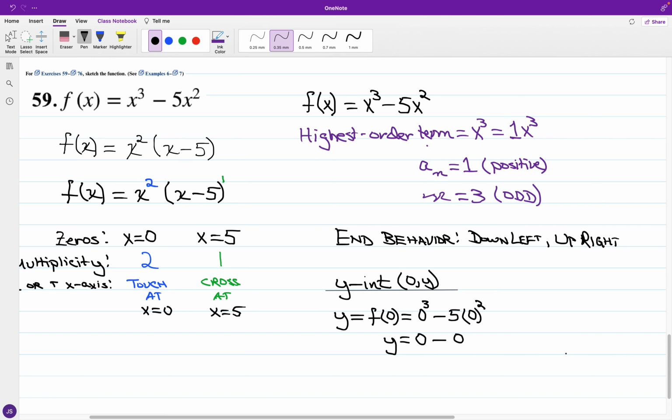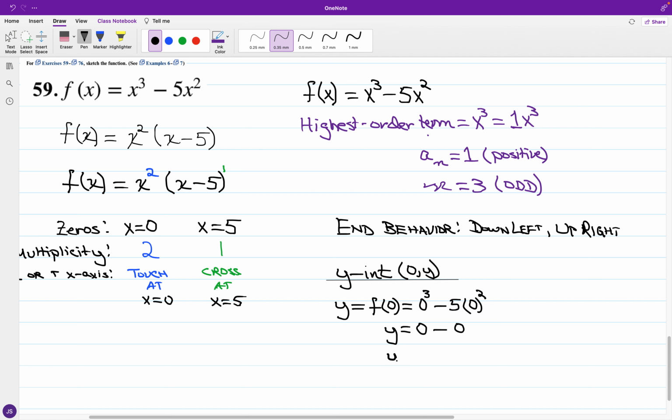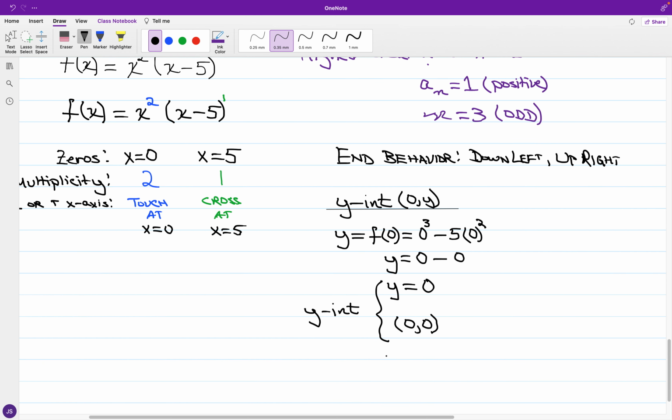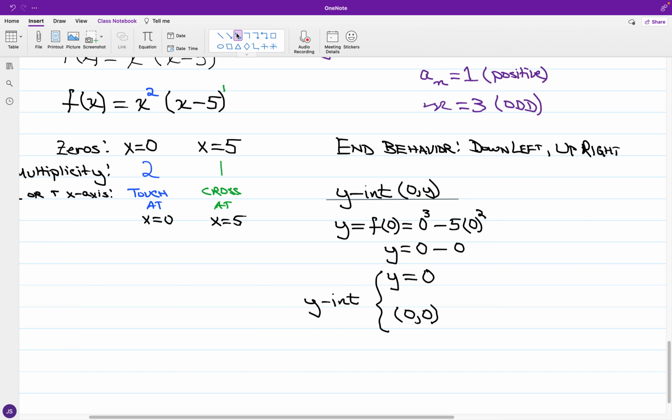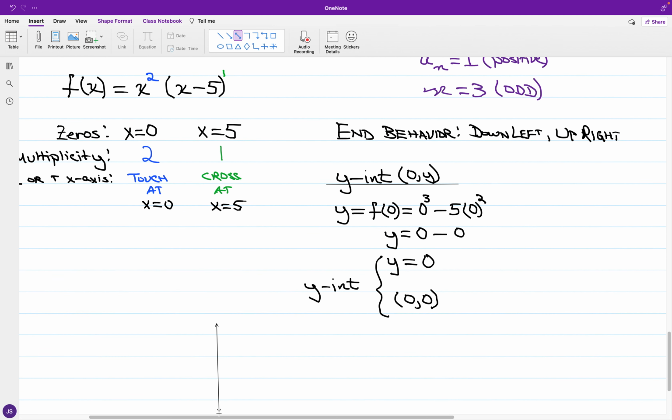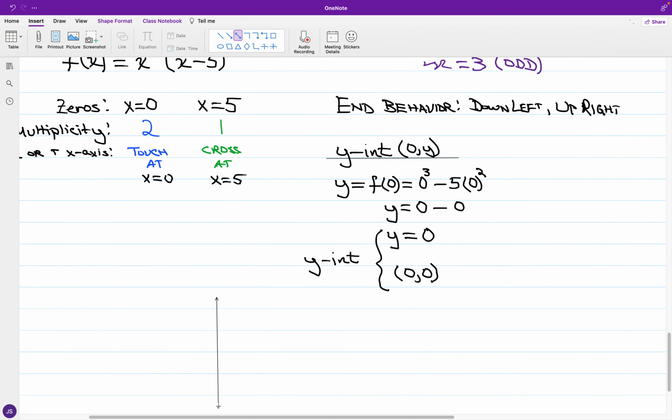And so the y-intercept we end up with is already one of our x-intercepts, which is the origin. And for what we have in terms of laying the bricks upon the foundation.